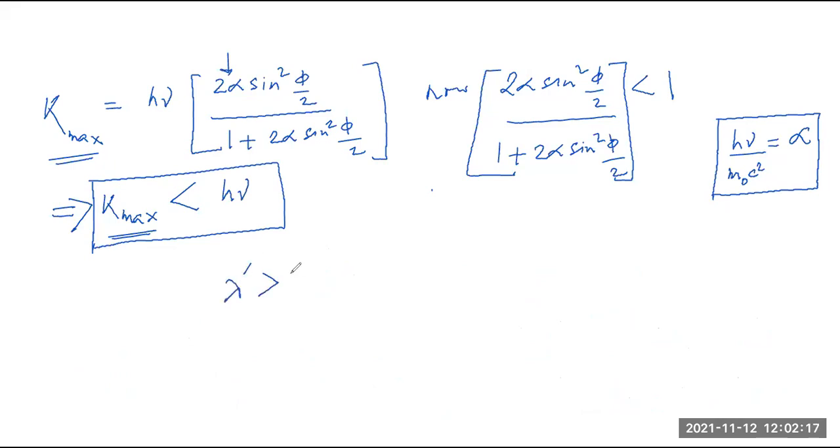Lambda prime is greater than lambda. Nu prime is less than nu. Is it okay? Right. So that is why your maximum kinetic energy was h nu minus h nu prime.